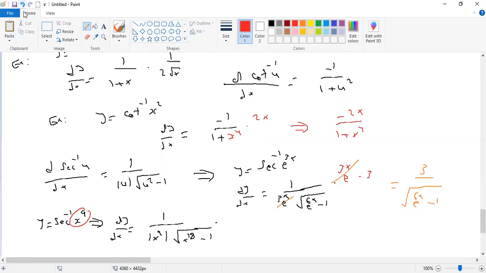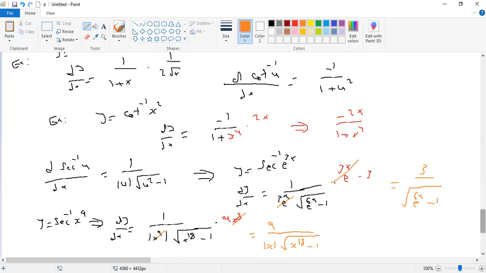So the answer will be 9 over the absolute value of x multiplied by the square root of x to the power 18 minus 1.